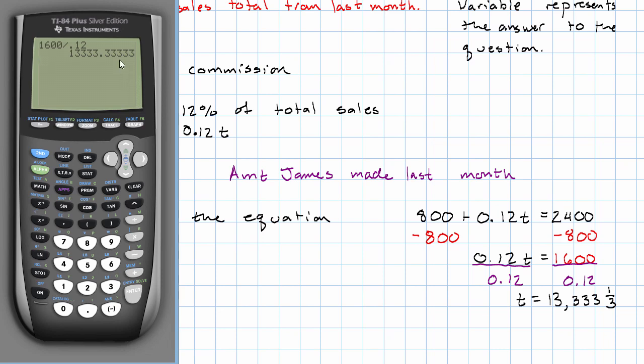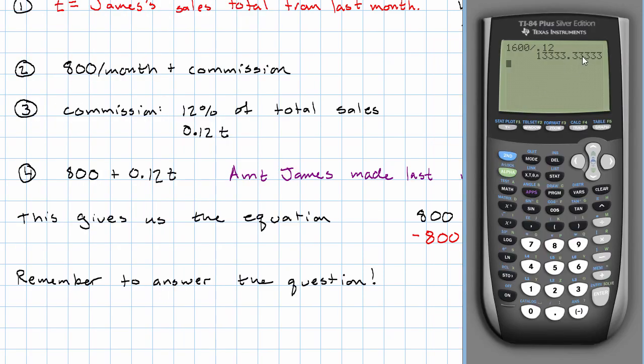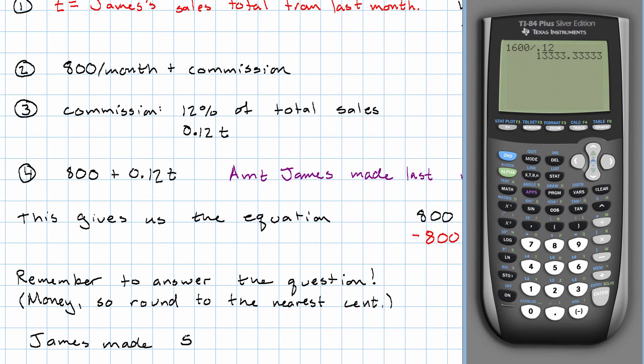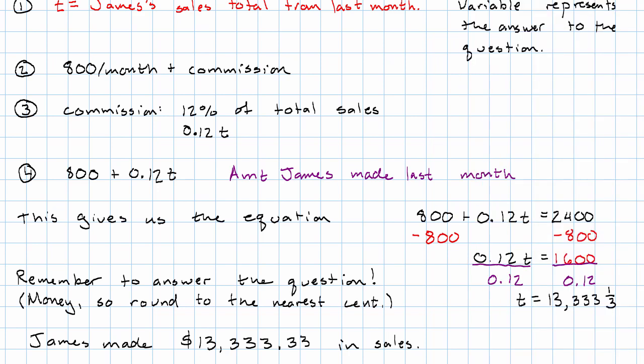In order to answer the question, I think we actually want the decimal for that, right? Because I can't make $0.33 in sales. He made $13,333.33 in total sales.